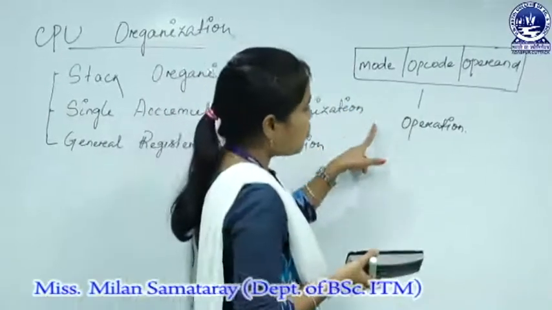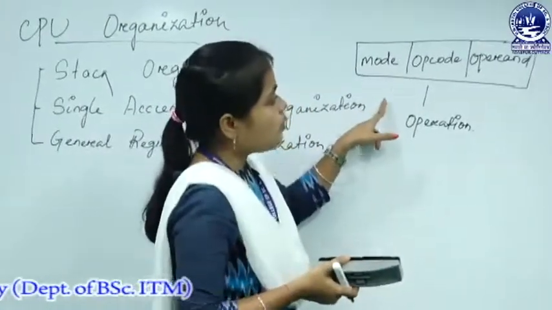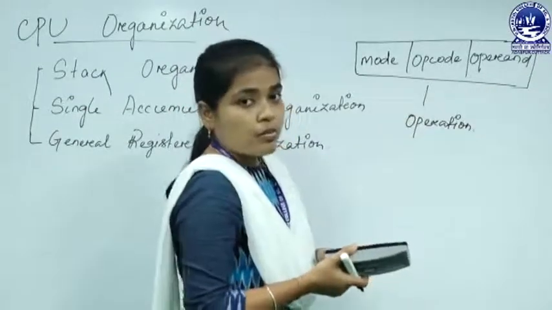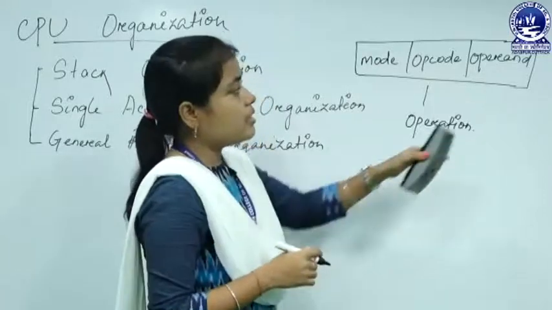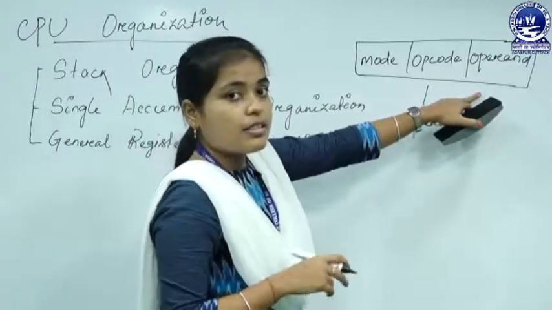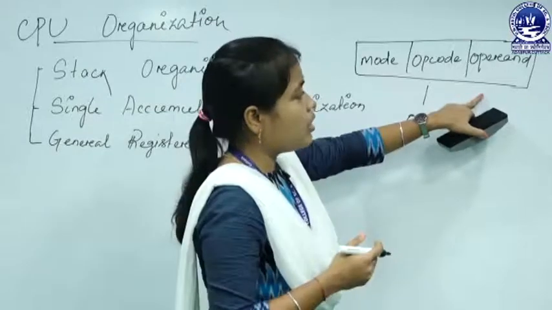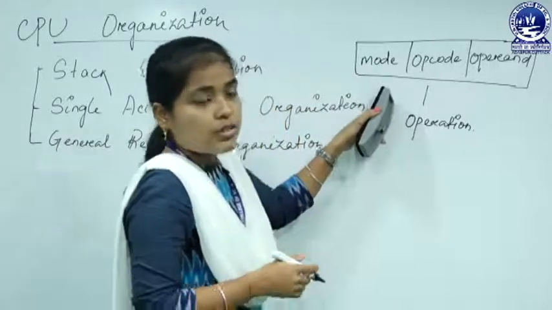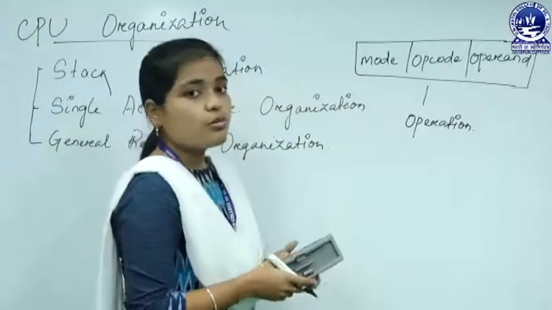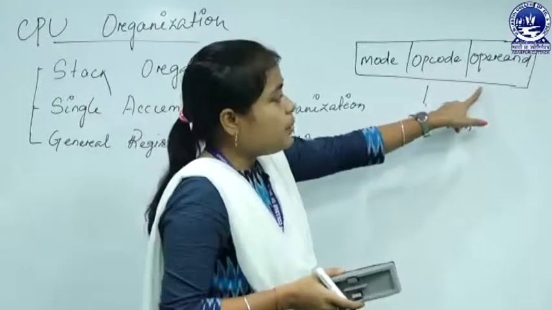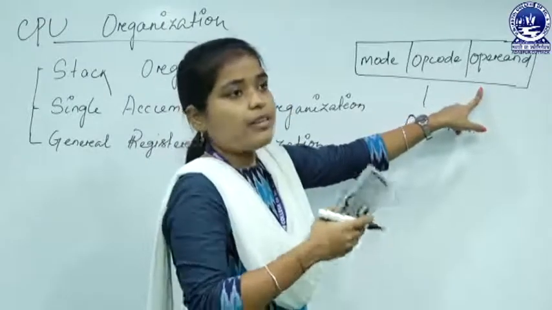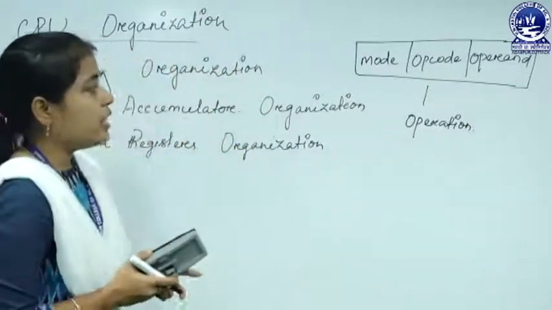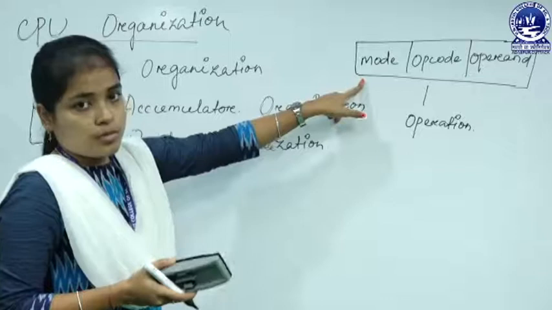And the mode defines which type of operand concept we are using, that means where the operand is stored, when we are fetching the operand, either it is in the register or in a specific memory location or anywhere else. So, that is defined by the mode. There are different types of addressing modes which define the type of operand fetching or operand writing in an instruction. That we will see in later videos when I talk about the addressing modes.